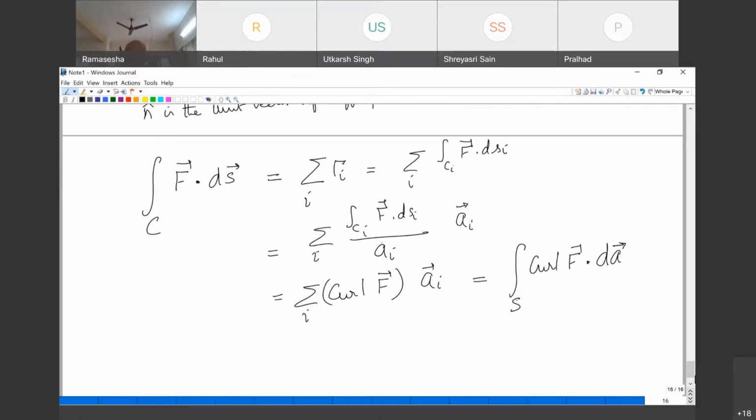Okay. Do you see this? What I did? Yes, sir. Relation between surface integral and line integral. So this is the definition of the curl, right? Yes. Okay. And when I'm doing this integration, sir, you divided it by Ai but multiplied by a vector Ai? Yeah, but you can look at it this way. This is the modulus.